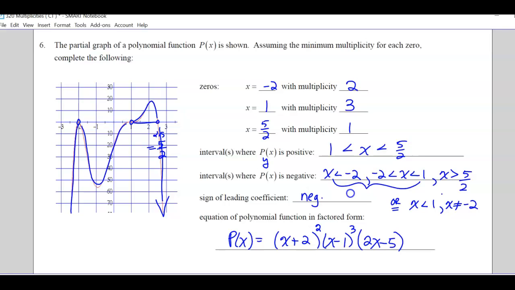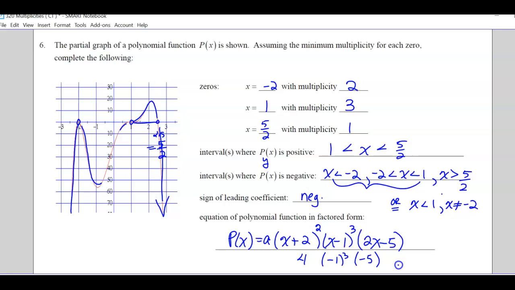You do want to check to see what the a value is. So we can look here at the y-intercept. It looks like it's at negative 20. So if we put 0 in here for x, we would get 4 times negative 1 cubed times negative 5. And that is positive 20.